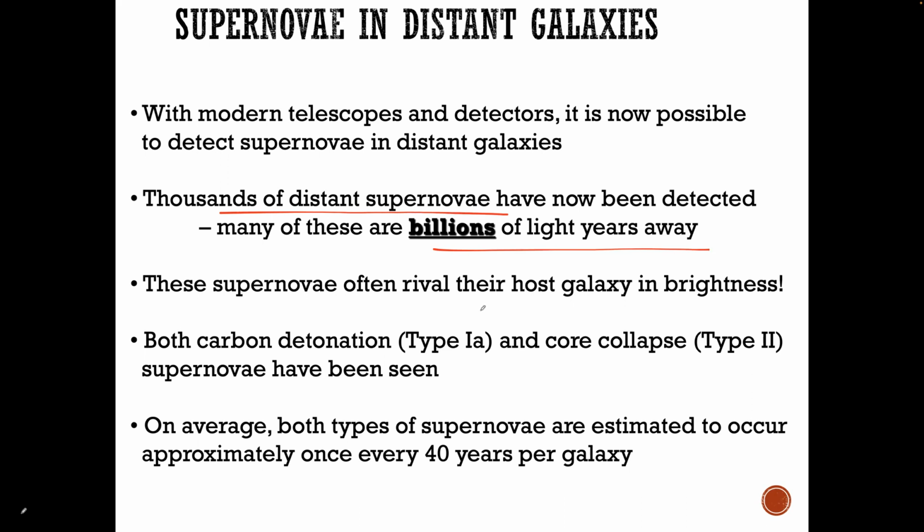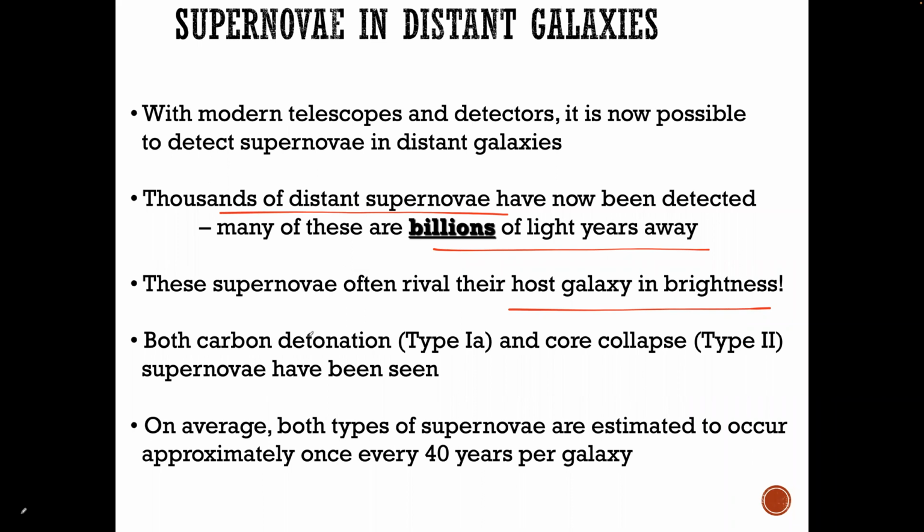These supernovas often rival their host galaxy in brightness. So if a supernova brightens up inside a galaxy, the brightness of this star will be very comparable to the brightness of the galaxy, right?